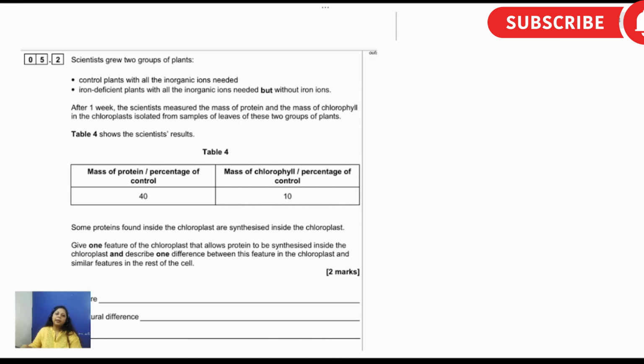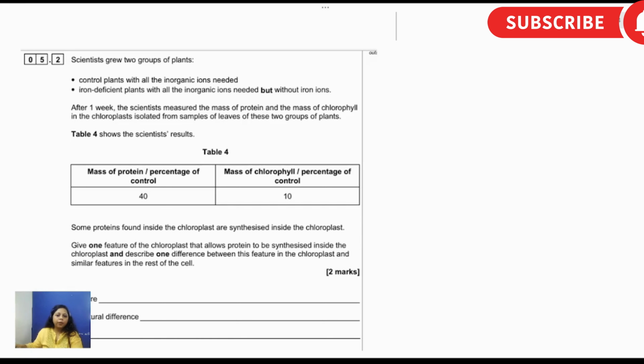The first has iron, the second doesn't. After 1 week, the scientists measured the mass of protein and the mass of chlorophyll, and the values are given. The mass of protein is 40 and the mass of chlorophyll is 10.